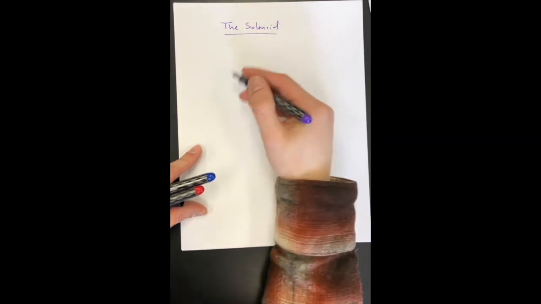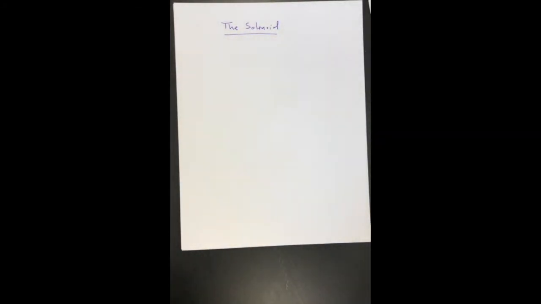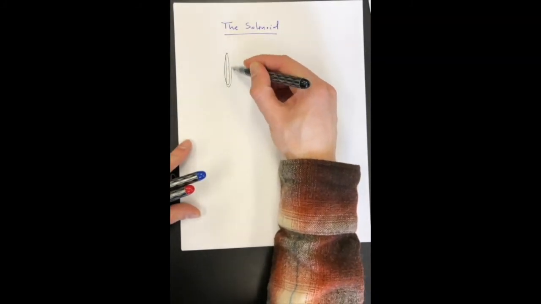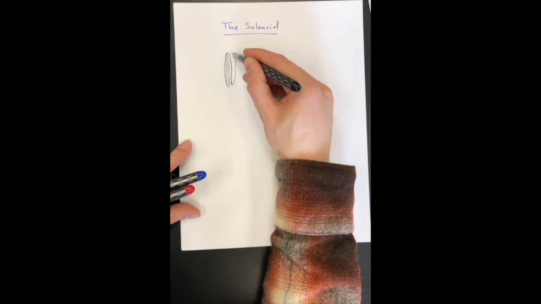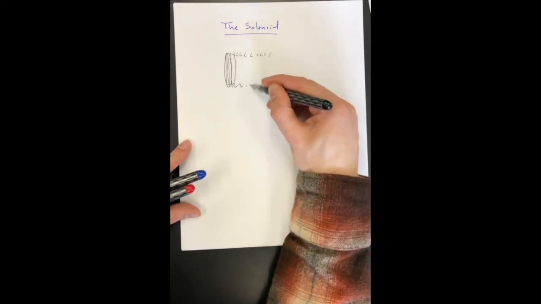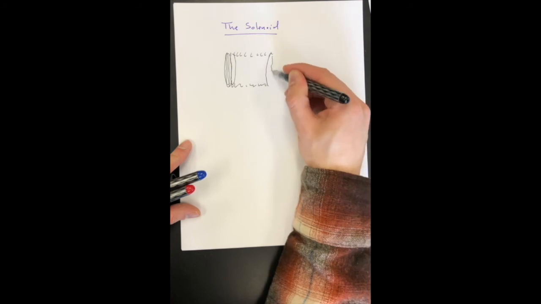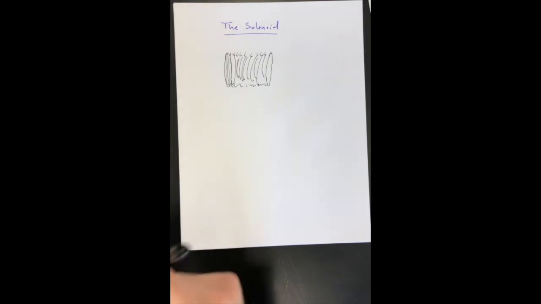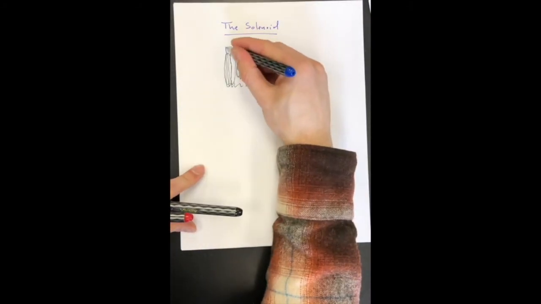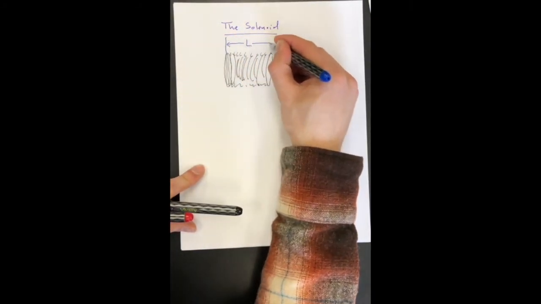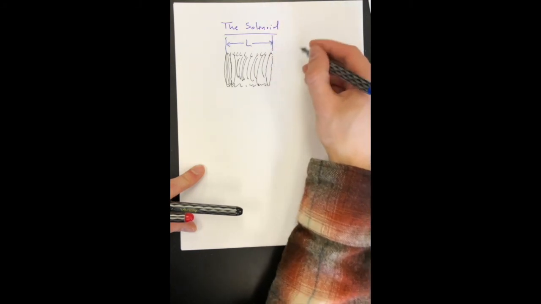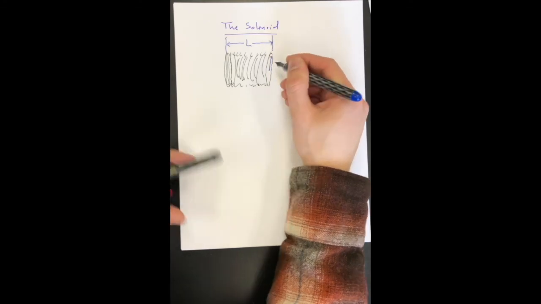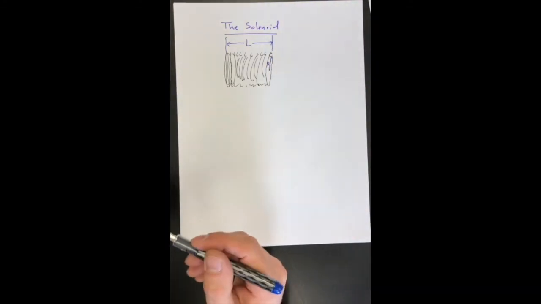The solenoid is really a whole bunch of these loops all connected electrically so that they form this very long coil, so that solenoid will have some length L. It will have some number of turns, N. And it will have some radius, R, like so.